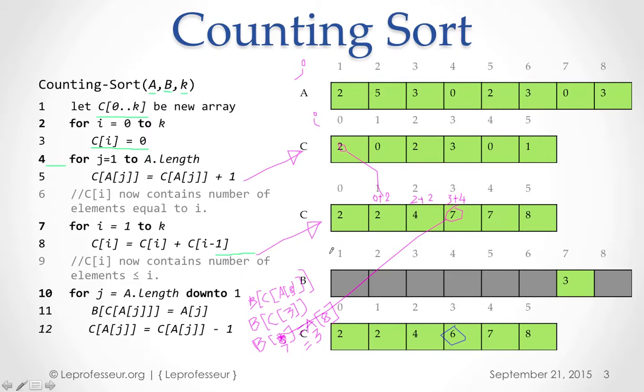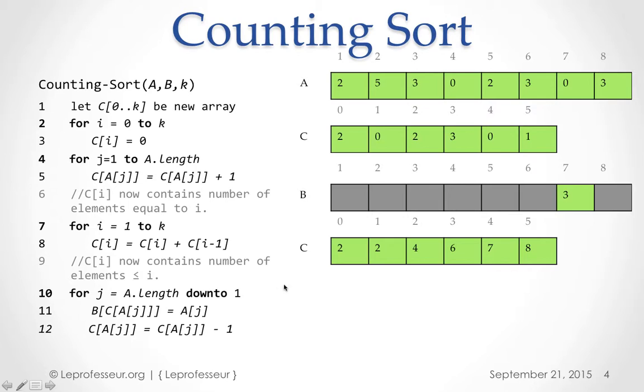Isn't it very simple? Let's look at a few more steps, okay. We are at step number 10 to 12, and now we have executed A dot length. Now we are executing A dot length minus 1, okay. The same principle we're going to apply here as well.